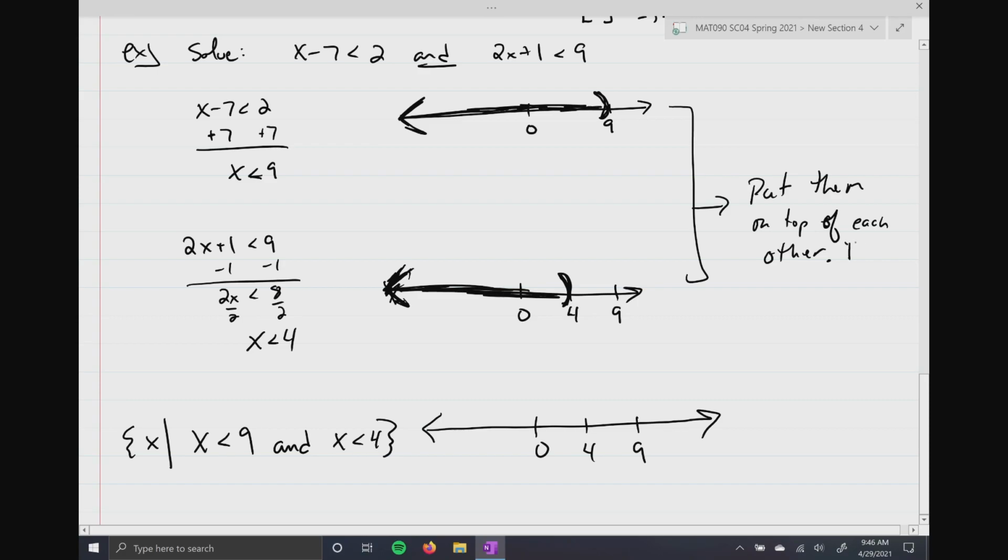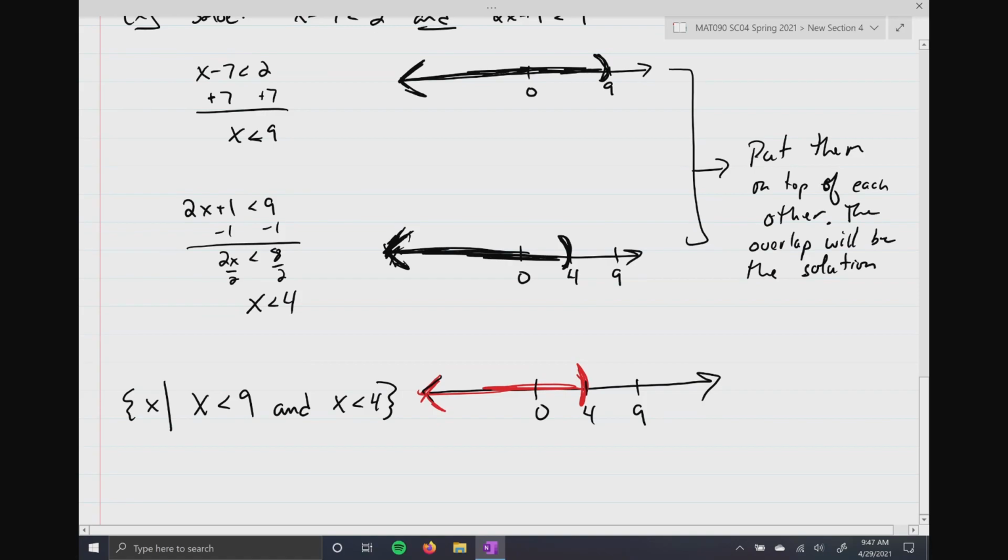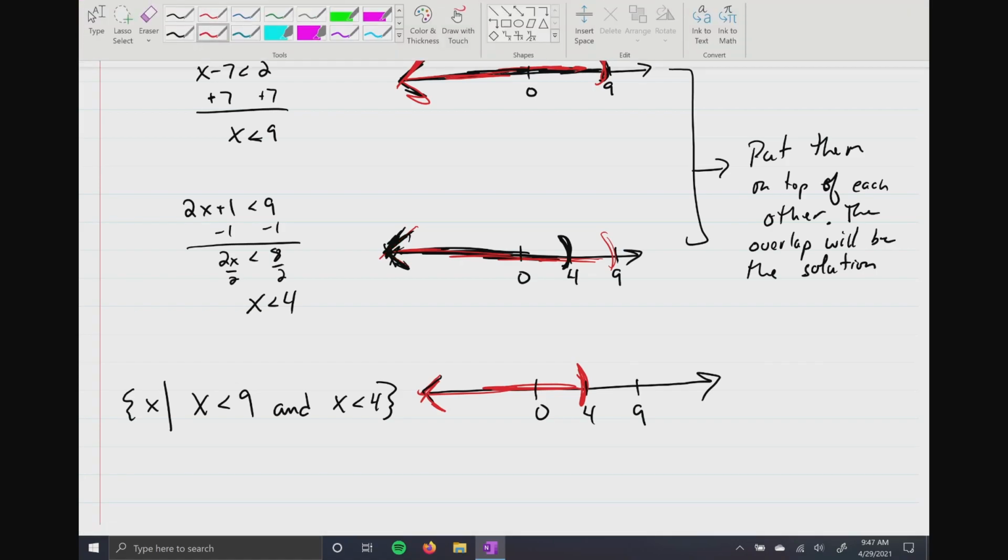So the overlap will be the solution. When I come down here, they only overlap where x is less than 4. If I took my x is less than 9 and wrote it underneath here lightly, notice that overlap occurs.